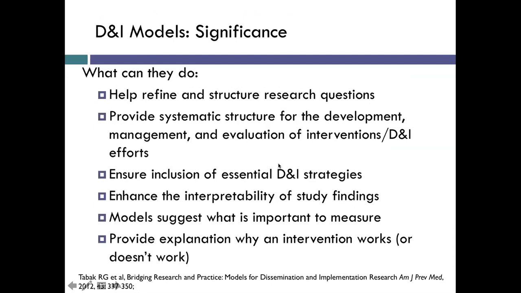They can help you with a structure for the development, management, and evaluation of your intervention or D&I efforts. They can make sure that you are including critical components of D&I strategies and help you also interpret your study findings, as well as suggest which measures to pick for your study and provide explanations why an intervention works or does not work. And this also applies to implementation strategies.